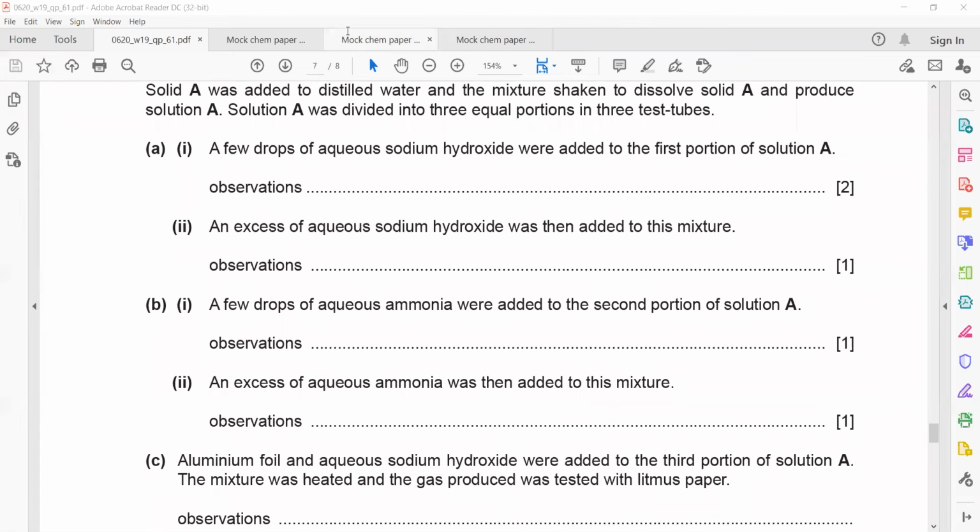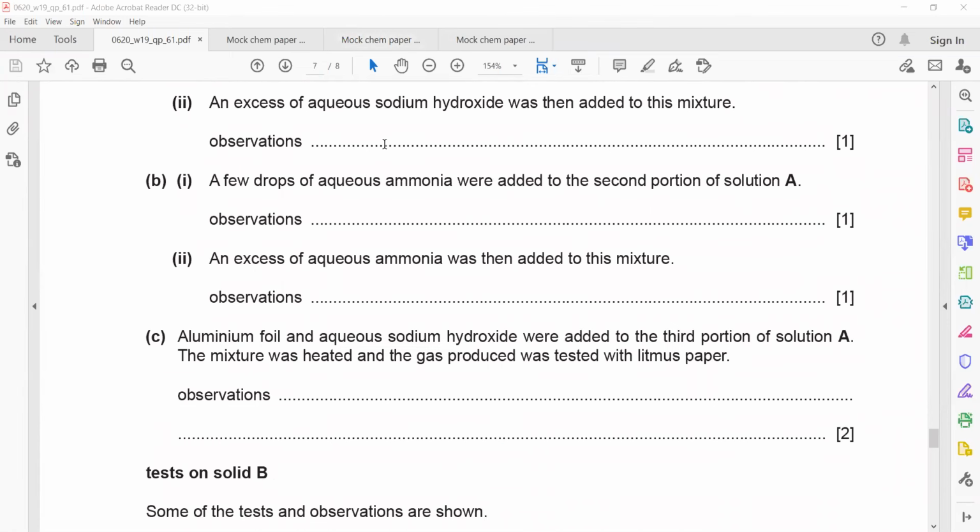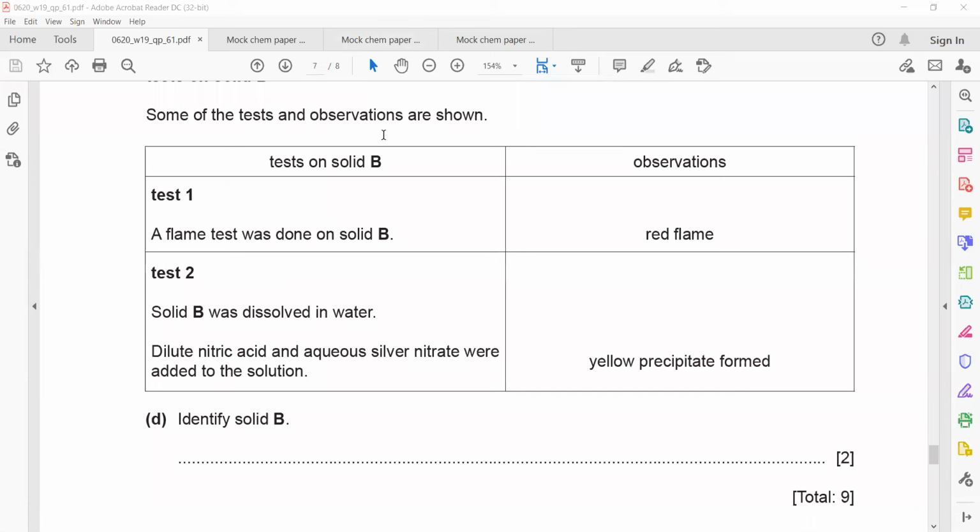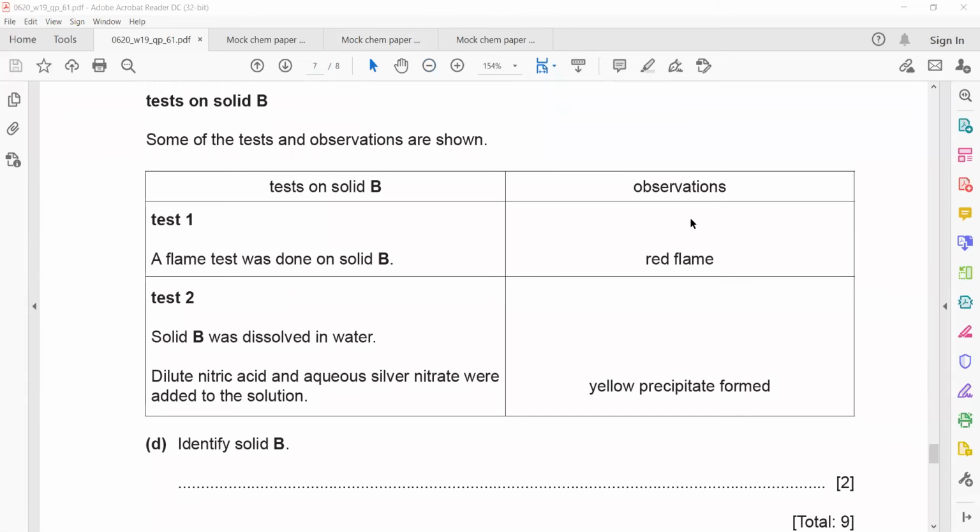Because ammonia, when dissolved in water, forms aqueous ammonia or ammonium hydroxide, which is alkali. That's why it should be a damp, not a dry litmus.